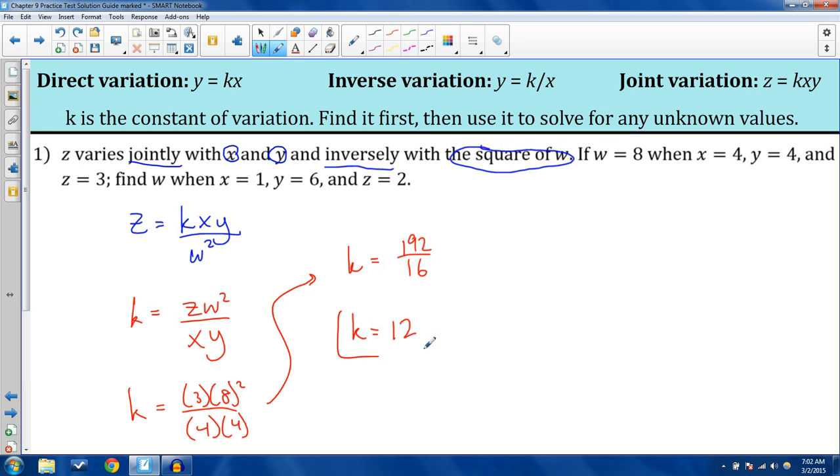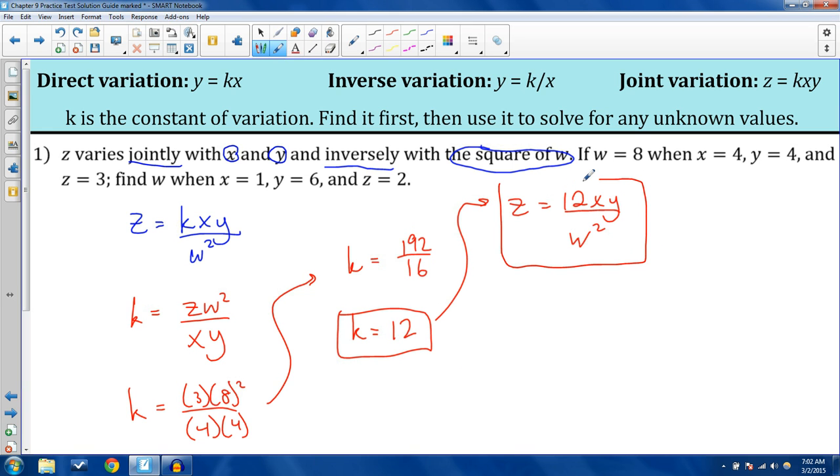So K is 12, so your equation, using your constant of variation here, is that Z equals 12xy all over W squared.